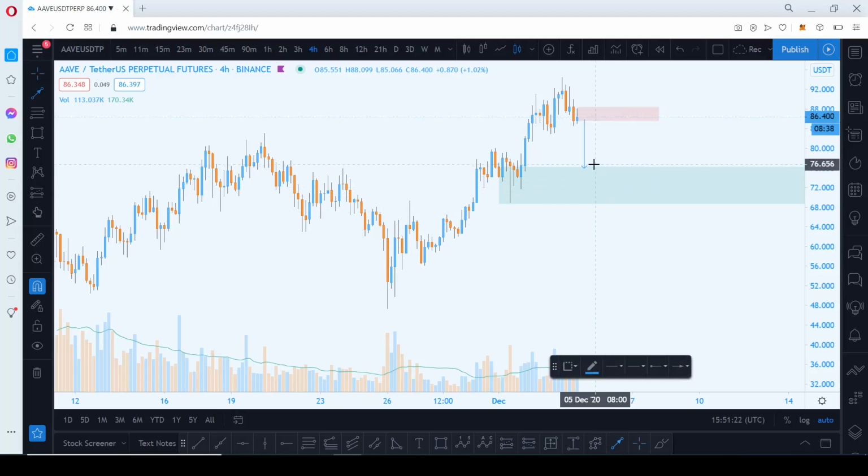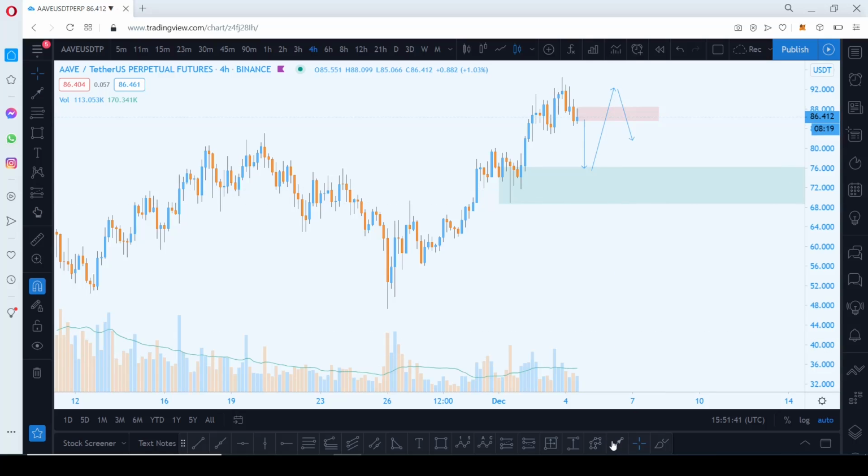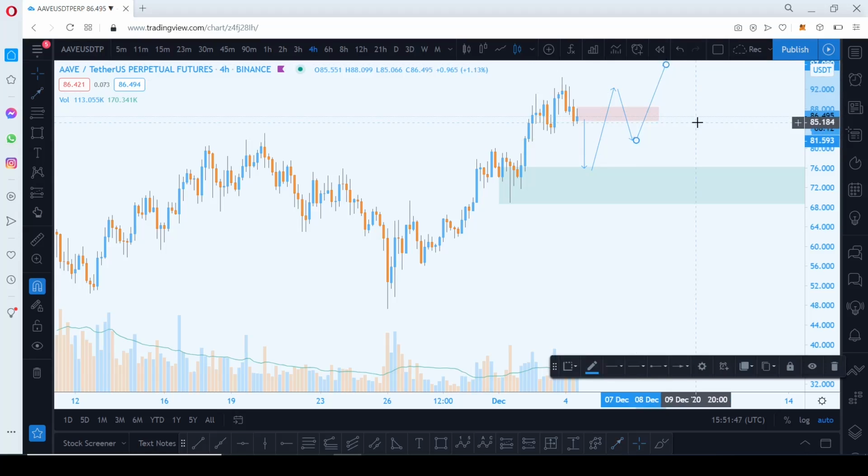So when you see something coming back up from this demand and taking out this supply on the 4 hour, for the supply to be taken out, that means there must be a demand in between all this price action. So you want a retest of that demand, wherever it may be, and then you are trading your entry and anticipating the continuation of the move upside.